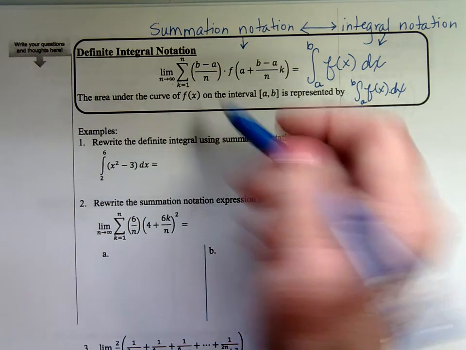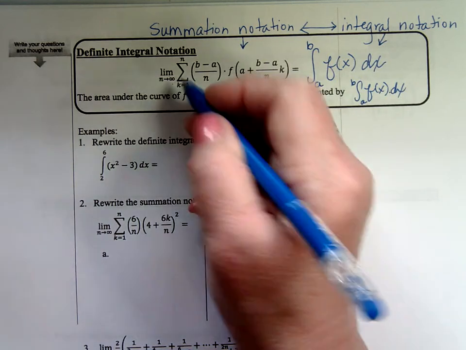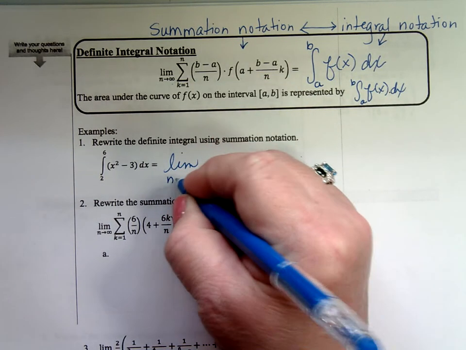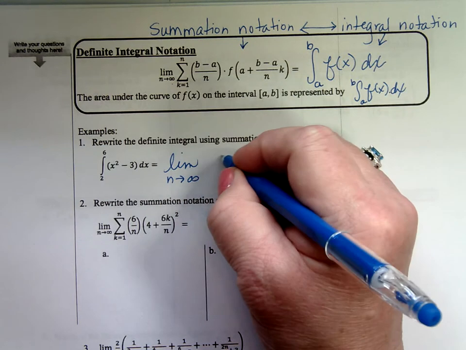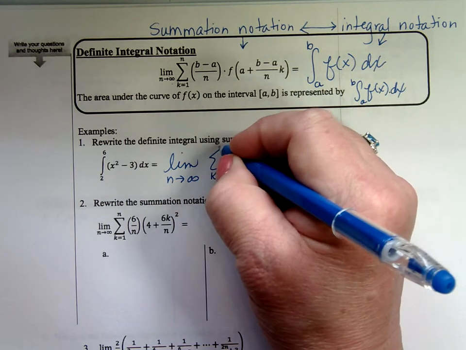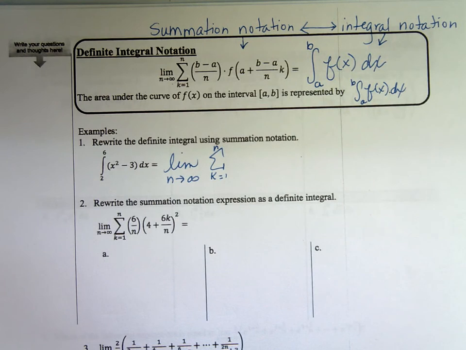Some of these are standard all the time. Beginning is the limit as n approaches infinity. And then I make the summation sign with k equals 1 on the bottom and an n on the top. That's going to be standard for all of these as you're putting the notation together.